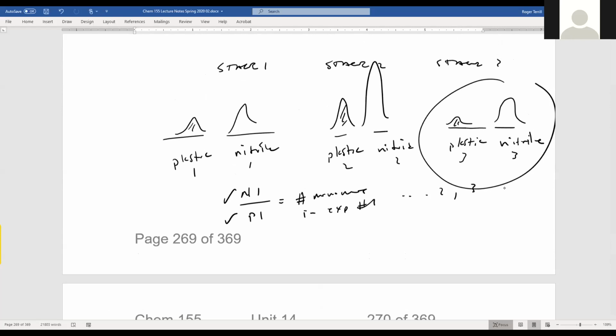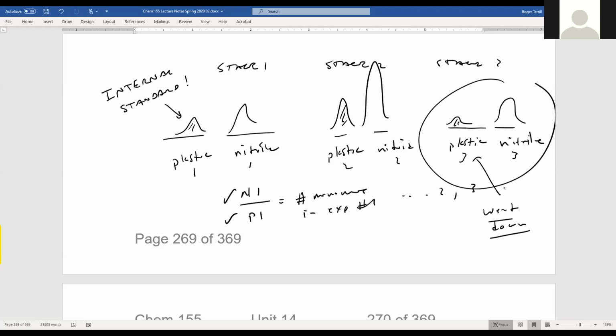If the plastic peak went down, this is an internal standard, so it's something within the whole system that you can quantify, you just can't control how much of that gets into the beam and gets sampled by the beam.